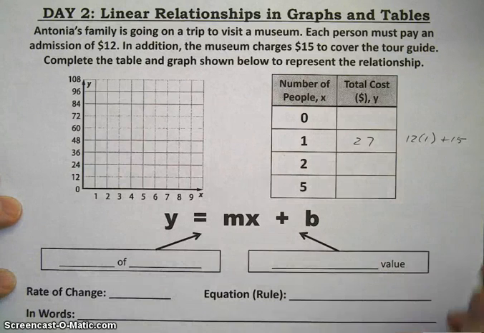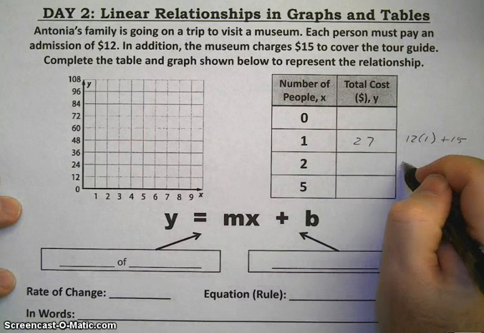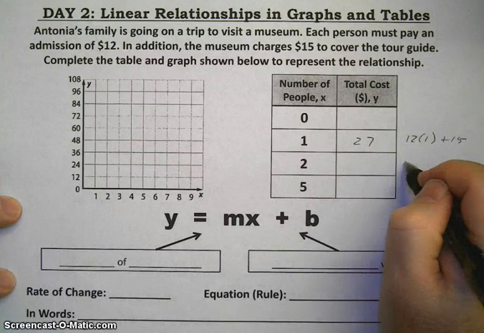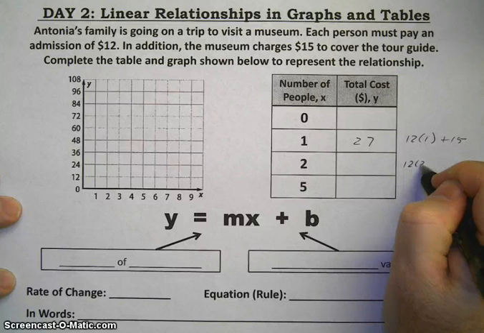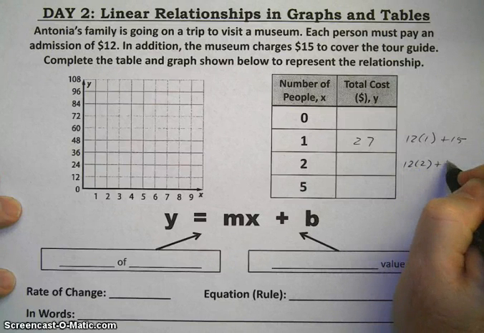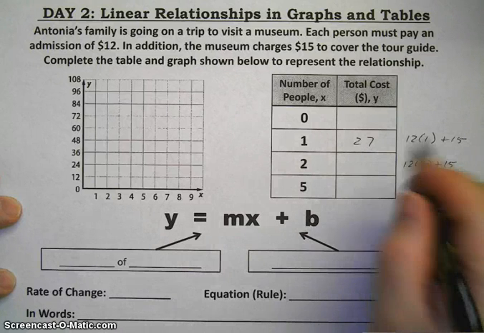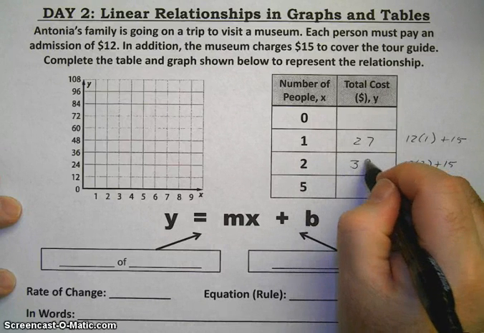If there are two people, it's $12 for each of the two people, so that's $24 total. 12 times 2 is 24. But then $15 for the tour guide, so 24 plus 15 is 39.